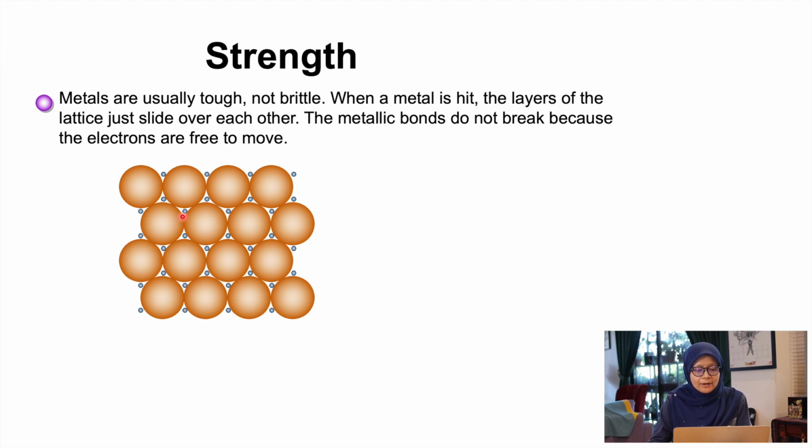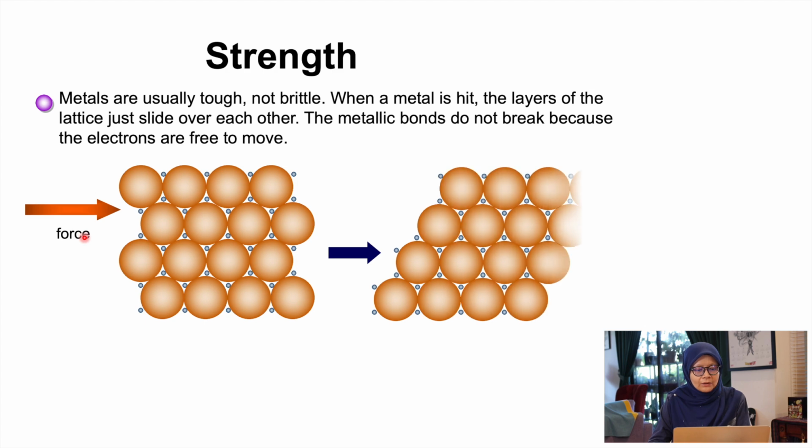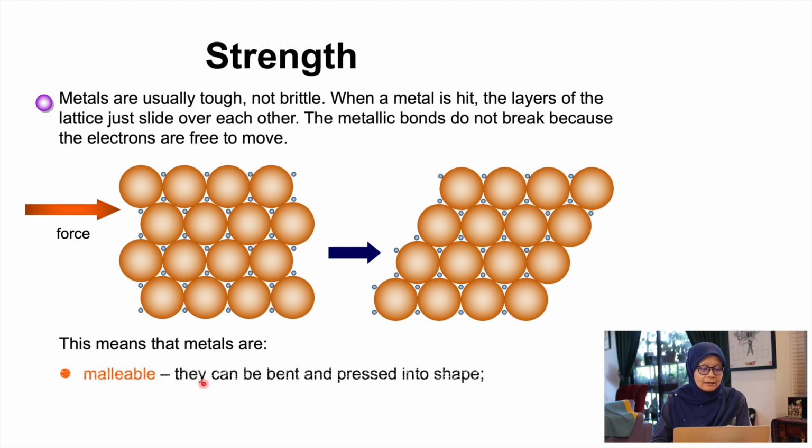In this diagram, we put pressure, or force, here, and the layers of the lattice slide over each other and become like this. This means that metals are malleable, so they can be bent and pressed into shape, and they are also ductile, so they can be drawn out into wires.